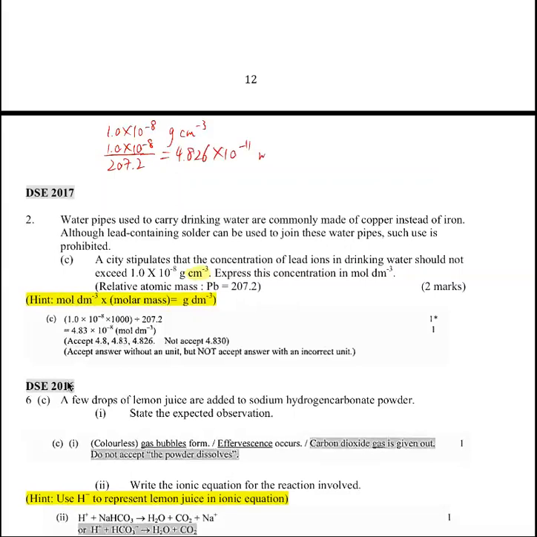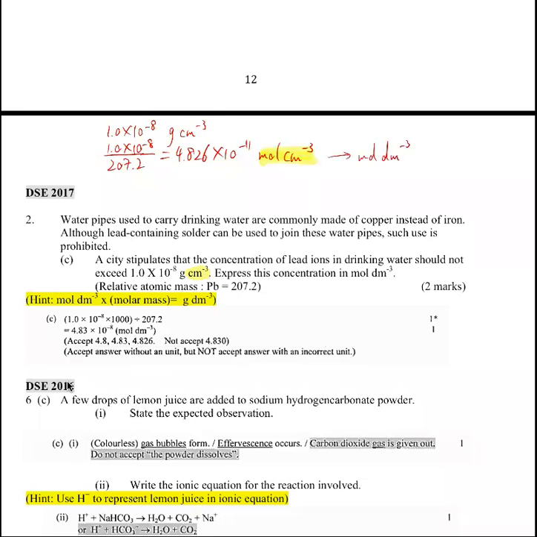That's in mole per cm cube. Many of you can achieve that step, no problem at all. But the next problem is, how do you convert from mole per cm cube to mole per dm cube.